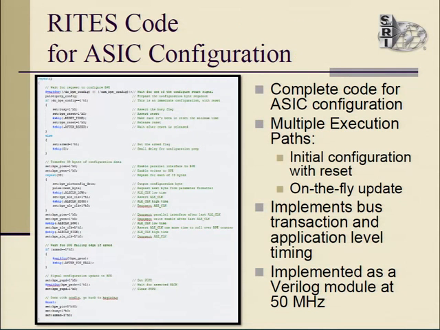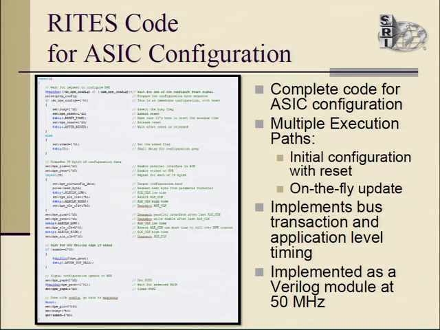And here we have the solution written in the RITES language. Now, this is illegible. It's not meant to be legible. But it is the complete source code in the domain-specific language to configure this ASIC. This is everything you need. In fact, this actually has two different configuration paths in this source. One is where you reset the ASIC and do a from-scratch complete configuration of the chip.